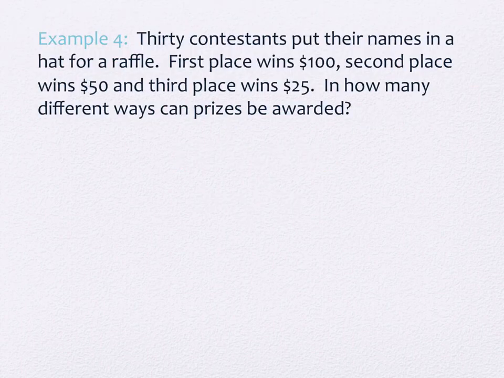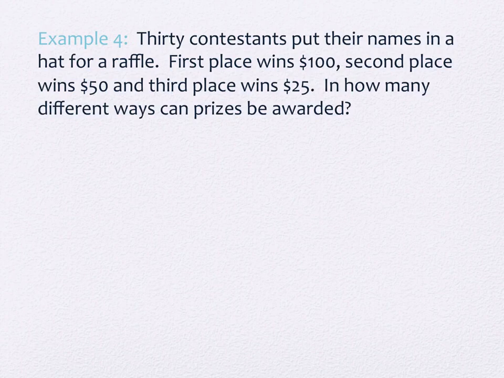We have 30 contestants, all putting their name in the hat for a raffle. First place wins $100, second place wins $50, and third place wins $25. How many different ways can the prizes be awarded? Is it distinguishable which way somebody wins a prize? Yes, because the prizes are different.